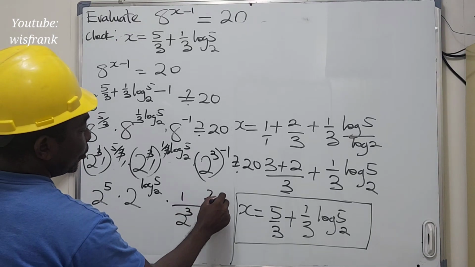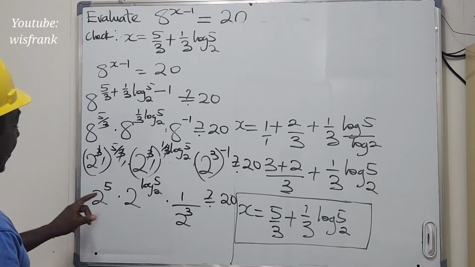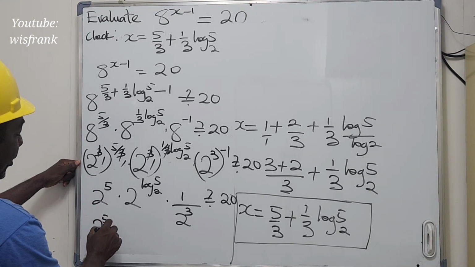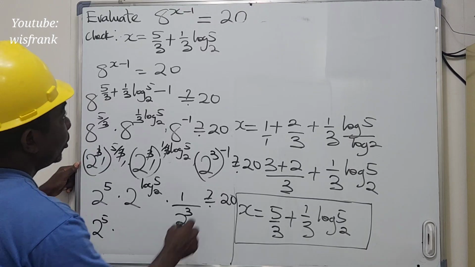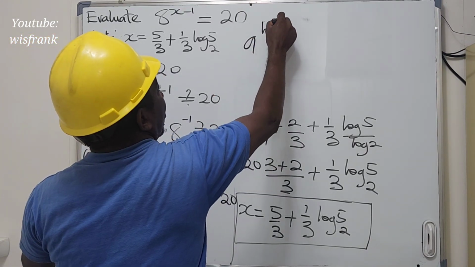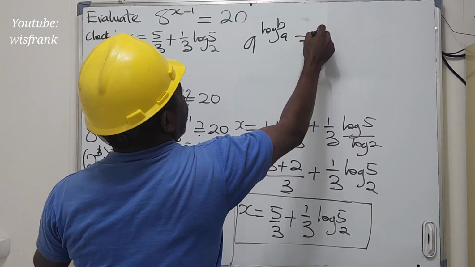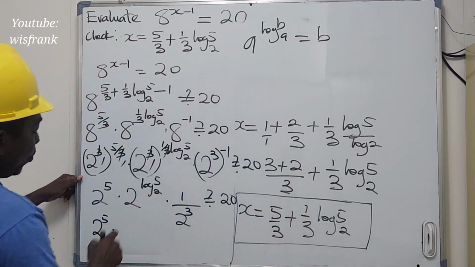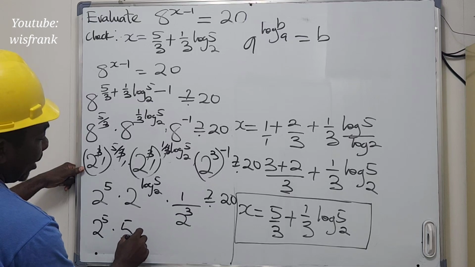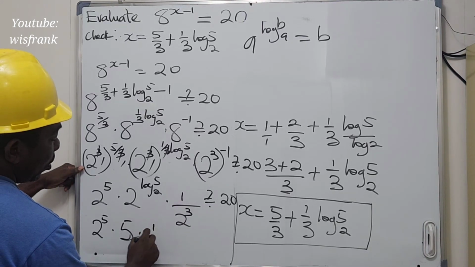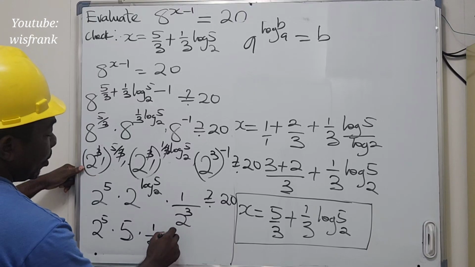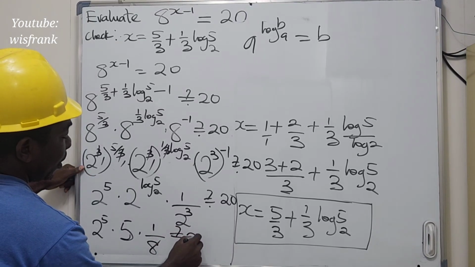Will this equal 20? We recall that a to the power of log b base a is the same thing as b. So this gives us 2 to the power of 5 times 5 times 1 all over 2 to the power of 3, which is 8. Will this equal 20?